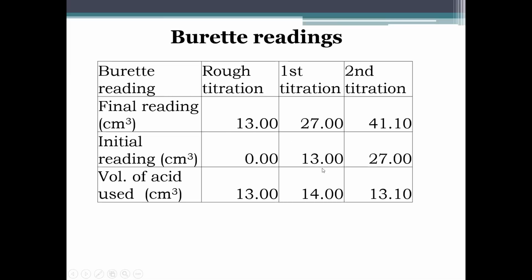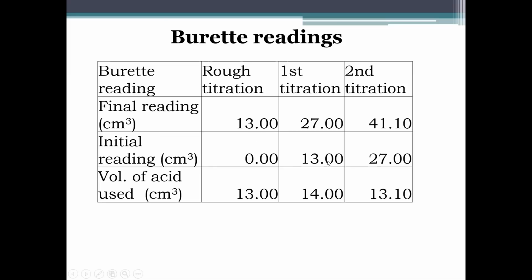If it's still on 13.00, that will be the initial reading when I'm starting my first titration. But in case a few drops of acid were lost while you ended your first titration, you may not meet it at 13.00. Let's say 2 or 3 drops have been lost. You may see it at 13.10 or 13.20.